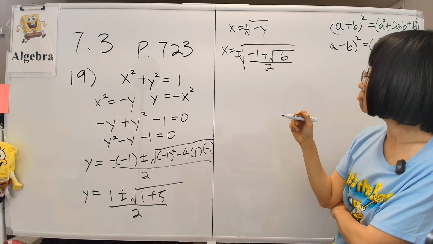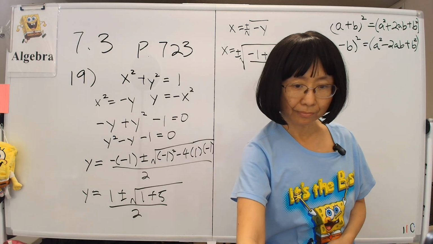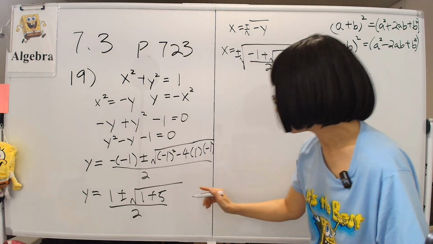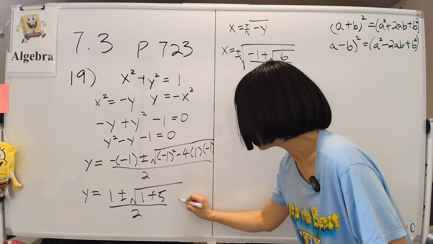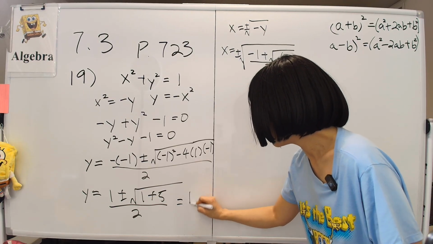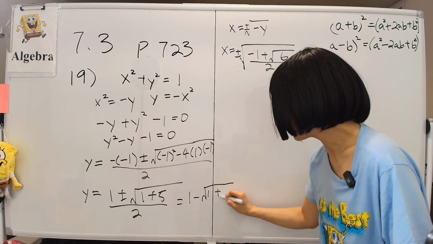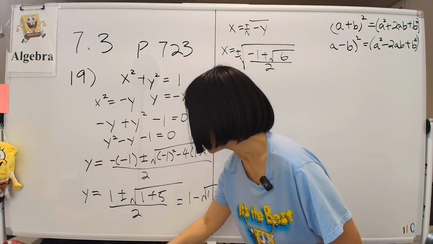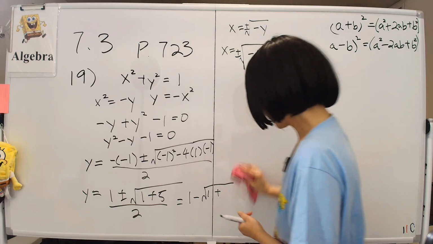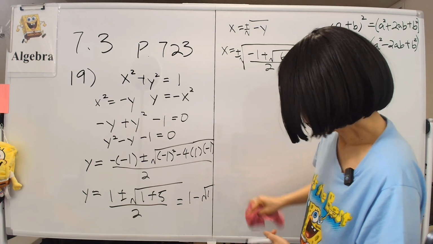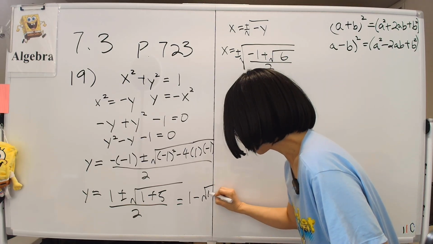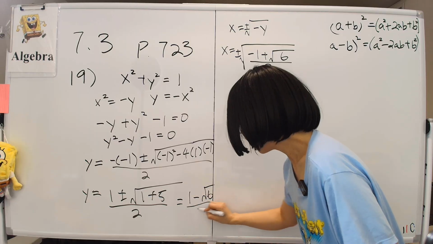All right, so I should write down which y value we accepted. So y equals 1 minus square root of 6, all divided by 2.